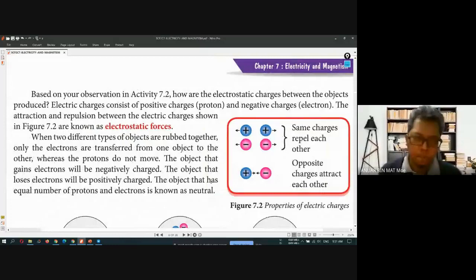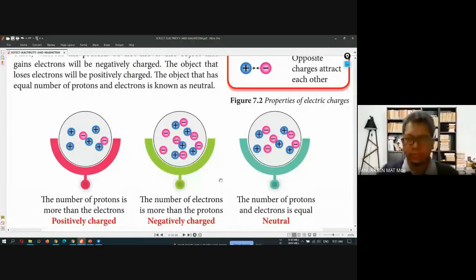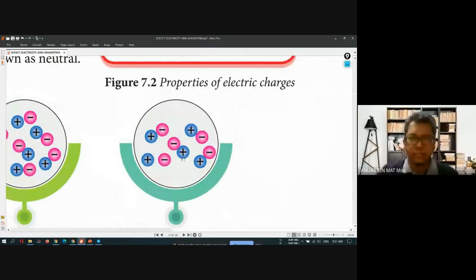When there is an equal number of charges on the surface, we call it neutral. For example, this object has equal positive and negative charges.